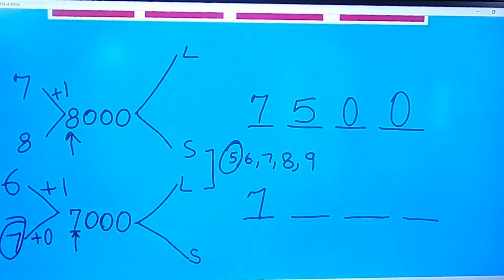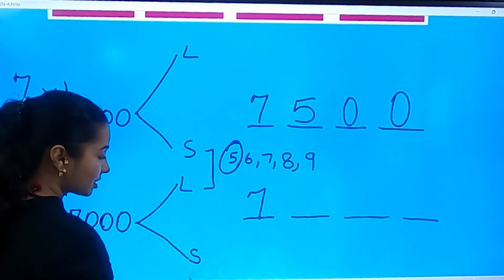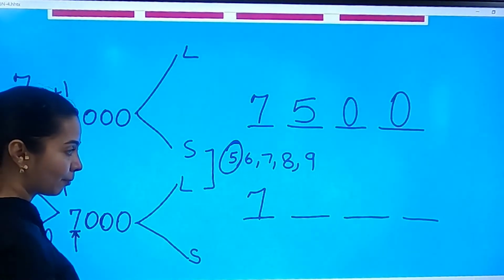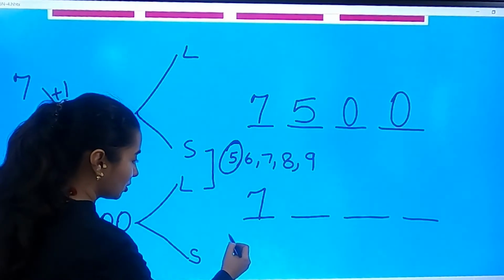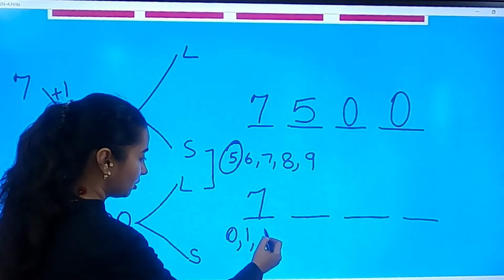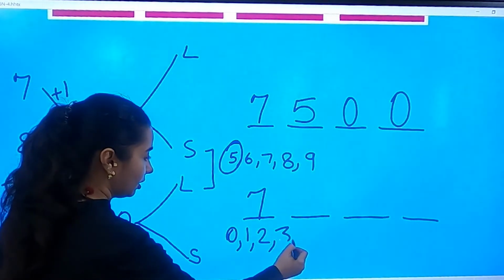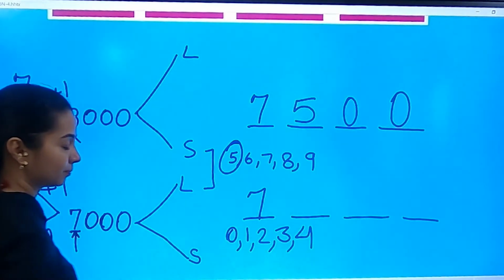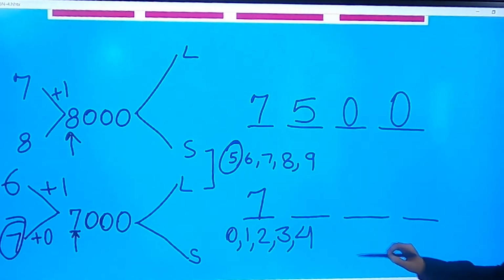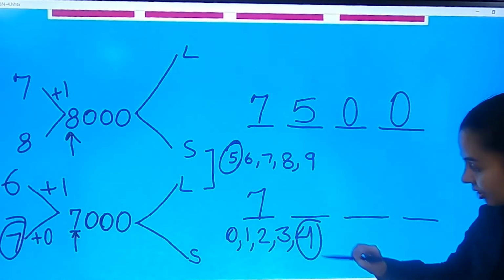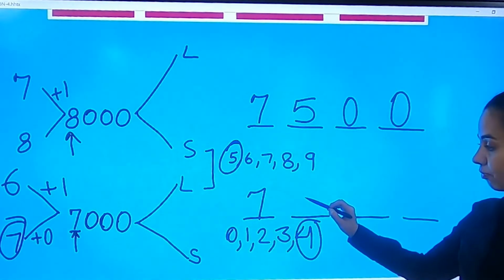Since nothing was done to our focus digit, this could only happen when the digit to its right is either 0, 1, 2, 3 or 4, and I am making the largest number. So I'll choose the largest possible digit, that is 4.